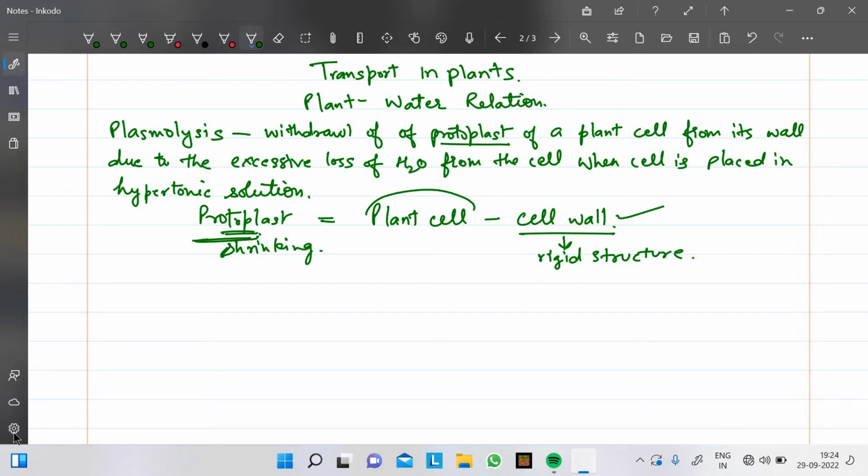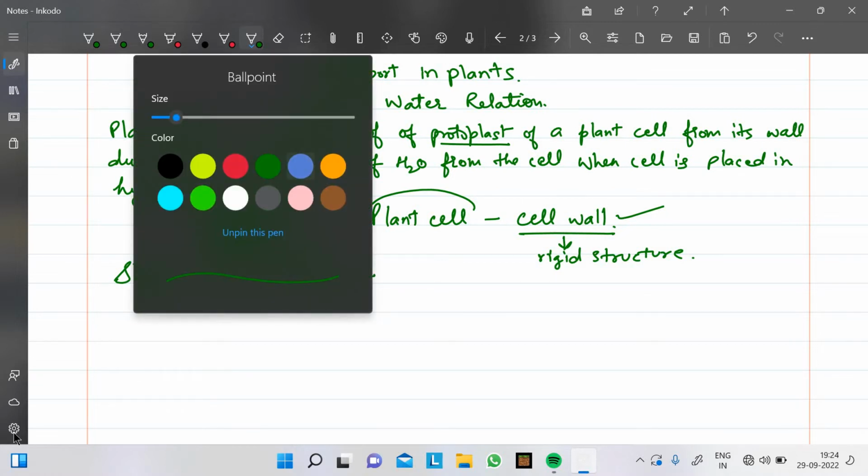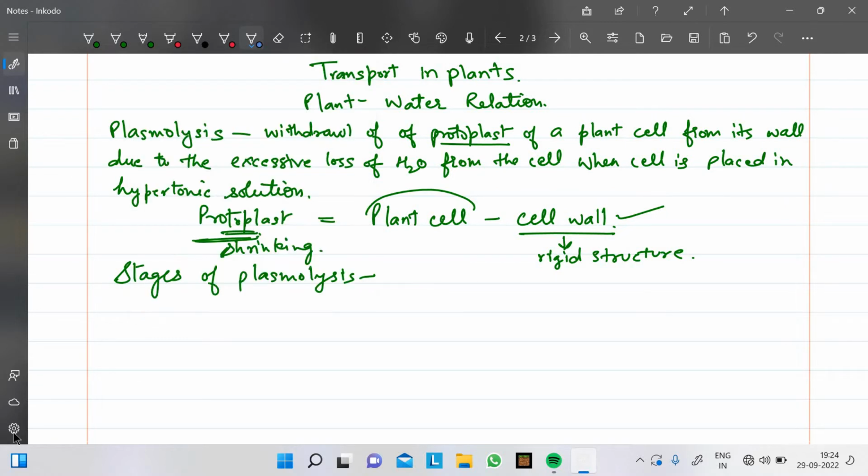Okay, there are three stages of plasmolysis. First one is limiting plasmolysis. Second one is incipient plasmolysis.